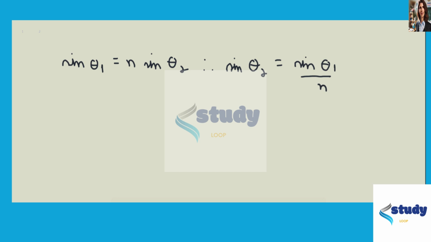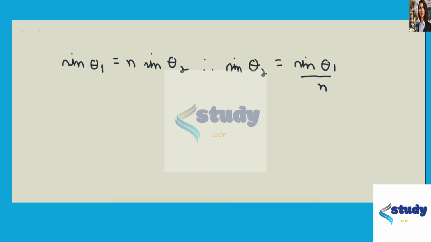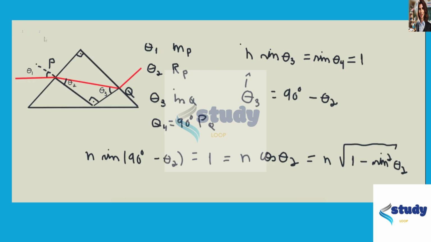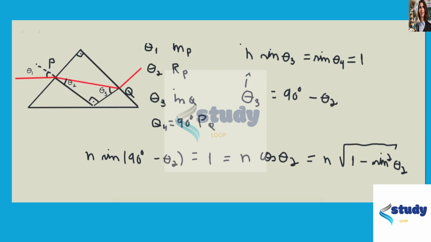And we can then use this in this equation here. So we have the equation n square root of 1 minus sine square of theta 2 is equal to 1.